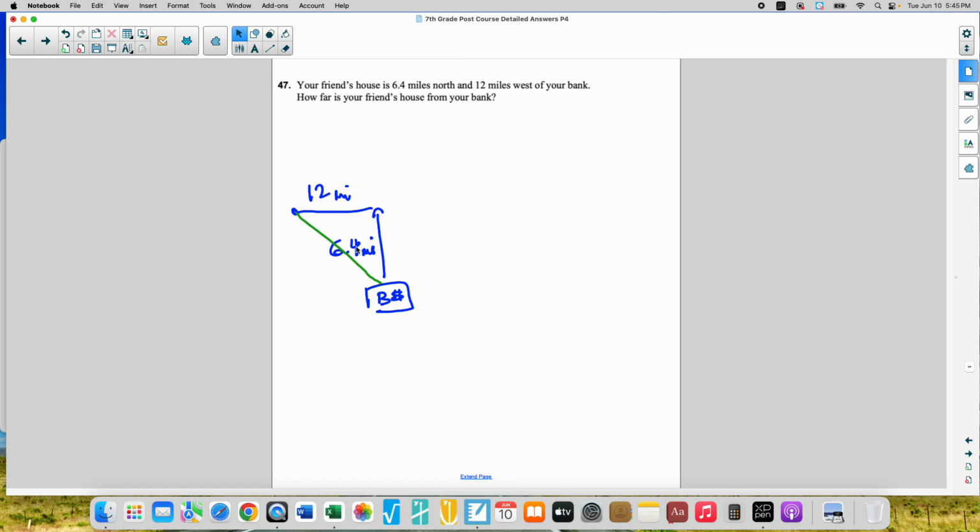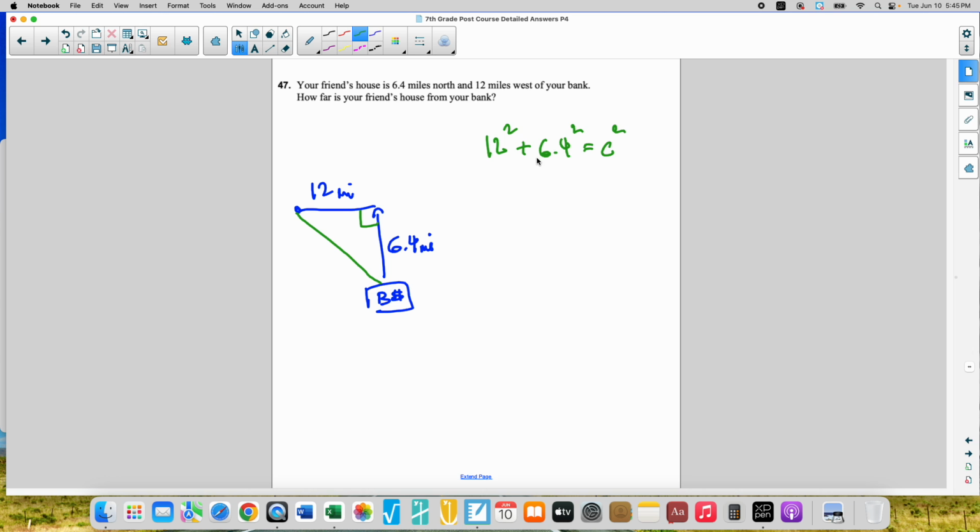And can I move that? Yes, I can. Good. So we notice that 12 miles and 6.4 miles are going to be the legs of that right triangle. And so we have 12 squared plus 6.4 squared equals my hypotenuse squared. 12 squared I know is 144. 6.4 times 6.4: 4 times 4 is 16. 24, 25.